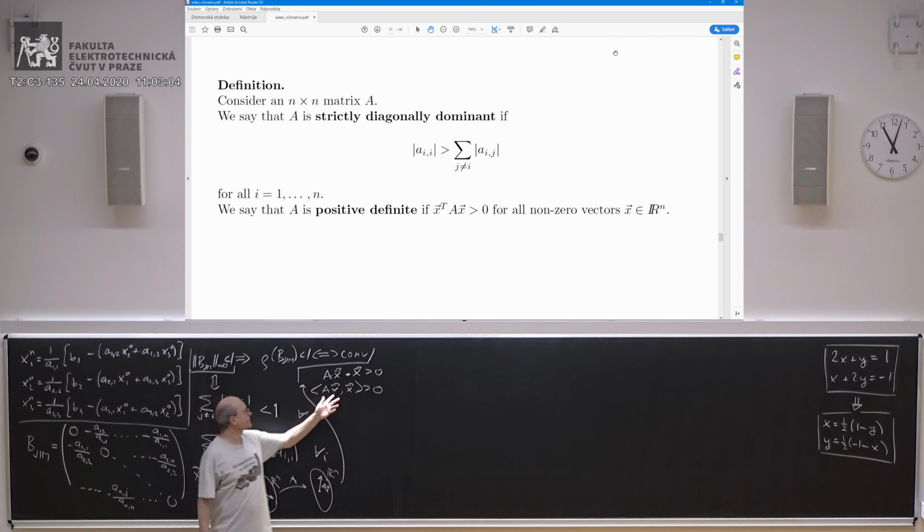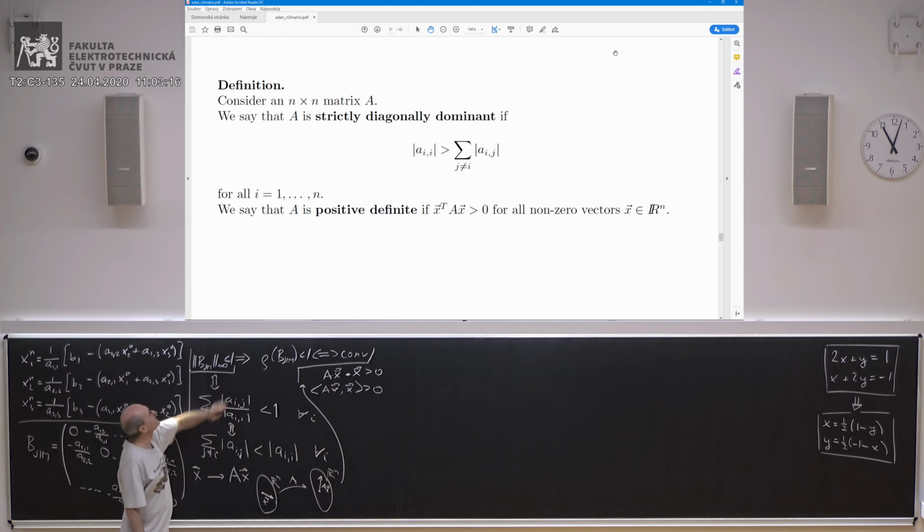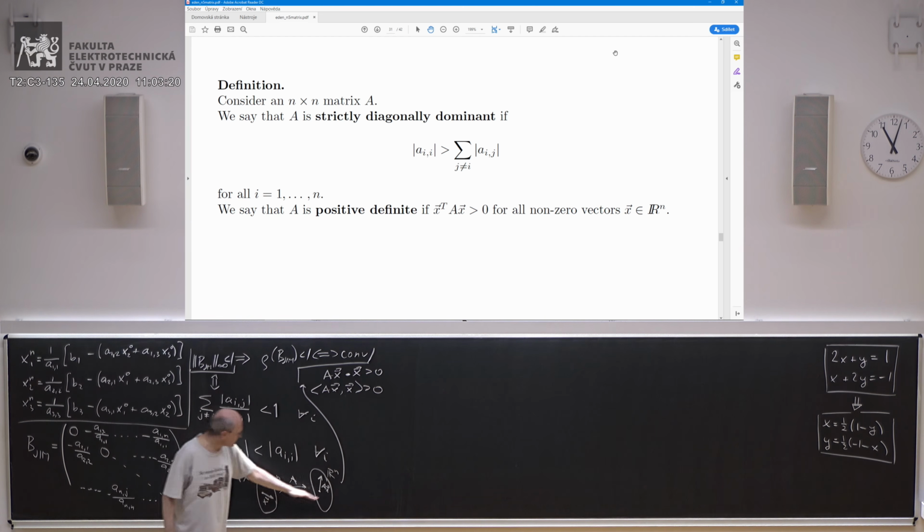Now, dot product is used in determining the angle. And the fact that dot product is positive means that the angle between these two vectors is less than pi over 2, or 90 degrees if you prefer. So essentially, positive definiteness means that when this mapping sends a vector, it cannot rotate it so much that it starts pointing in the opposite direction.